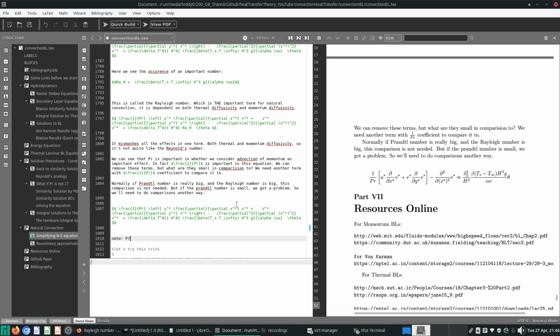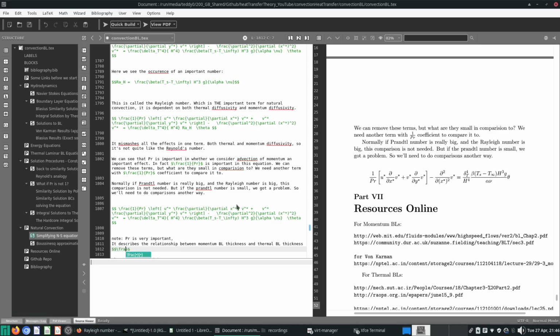So note, the Prandtl number is very important, not just because we say it is, but because it describes the relationship between momentum boundary layer thickness and thermal boundary layer thickness.